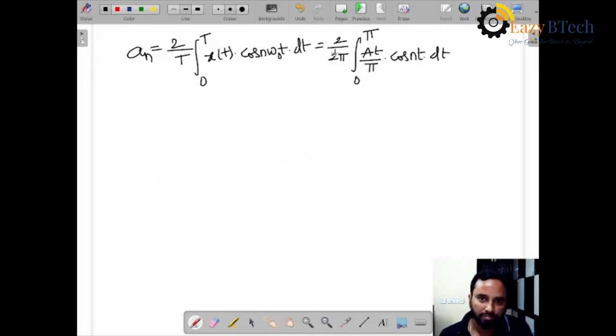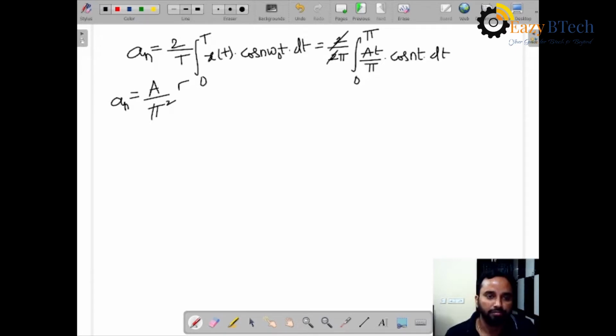Now we can do the simplification. Here the 2 gets cancelled, and A we can write outside. So a_n is equal to capital A by pi square, integral of u v.